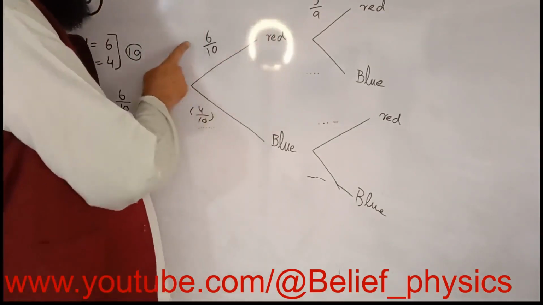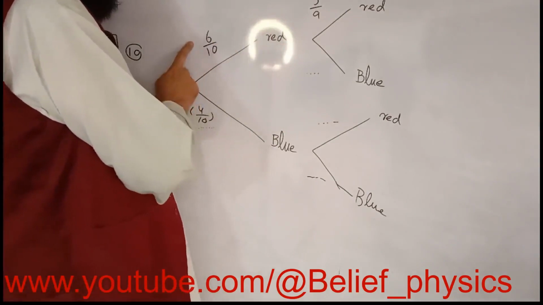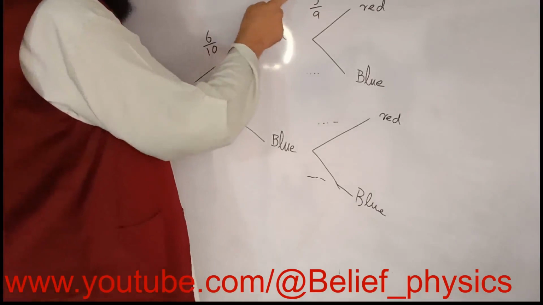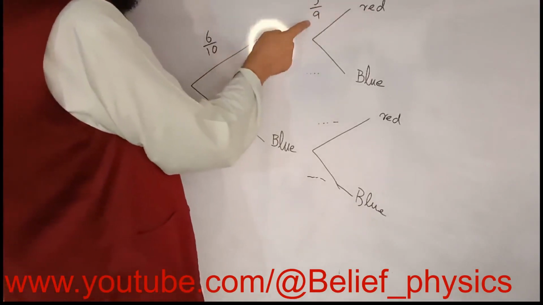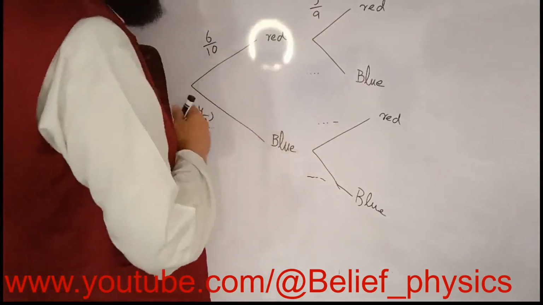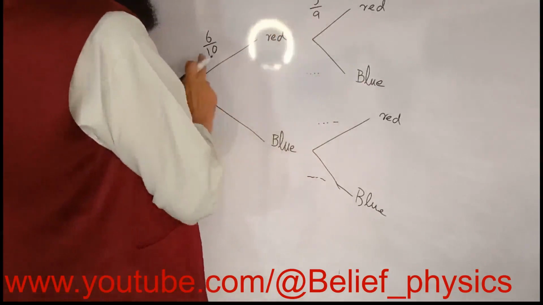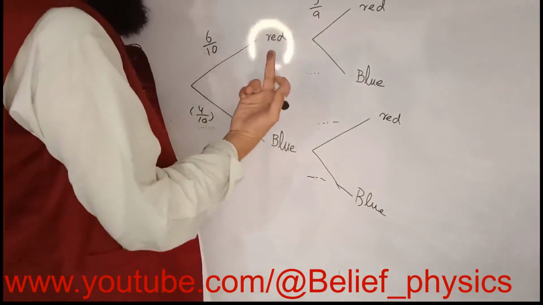If the first counter is red, how many red counters will be left? 5 red out of 9, so the probability of red is 5 over 9. Next, what is the probability of blue? How many blue counters are there? If the first is red, then the blue counters remain the same, that is 4.